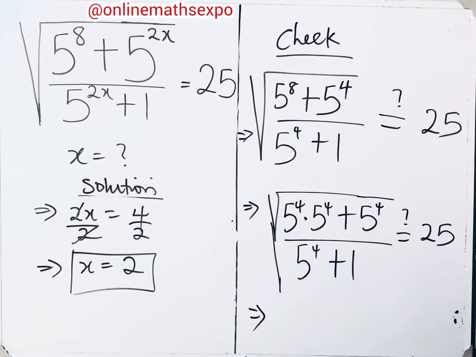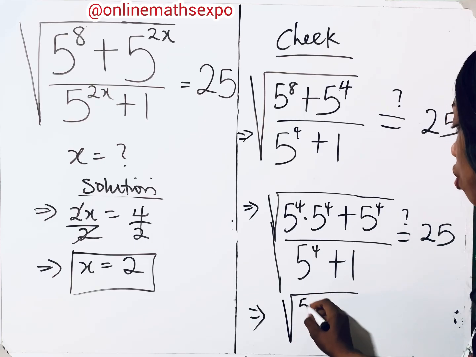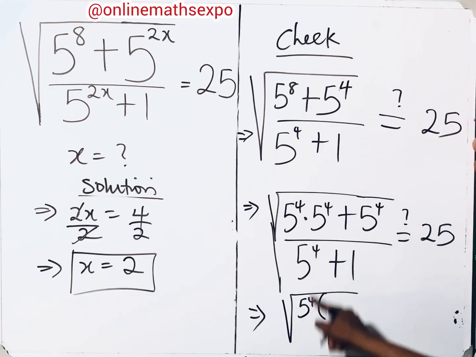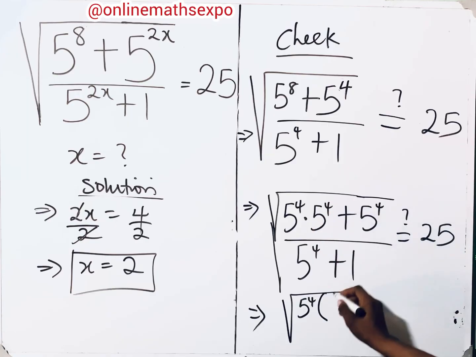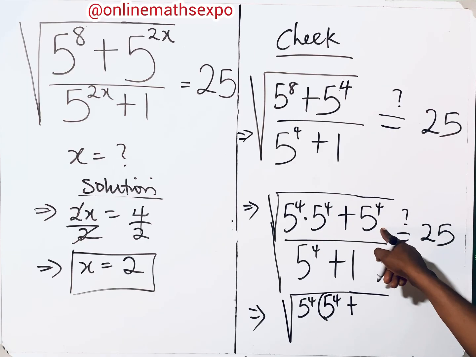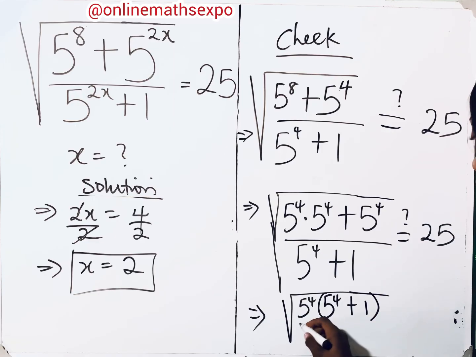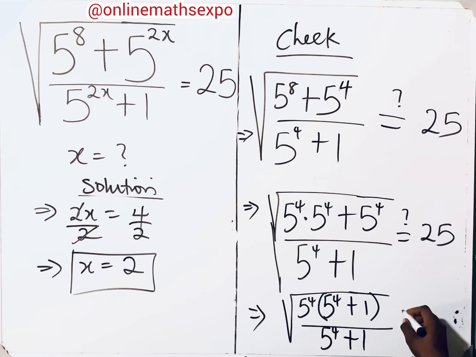If you simplify, factor this out. So we have the square root of 5 to the power of 4 into, when this divides this, you'll be left with 1. Then plus, when this divides itself, you have 1, divided by 5 to the power of 4 plus 1. Is it equal to 25?